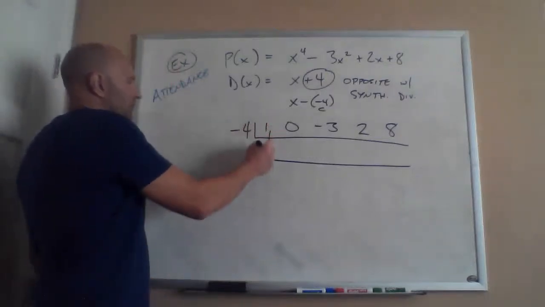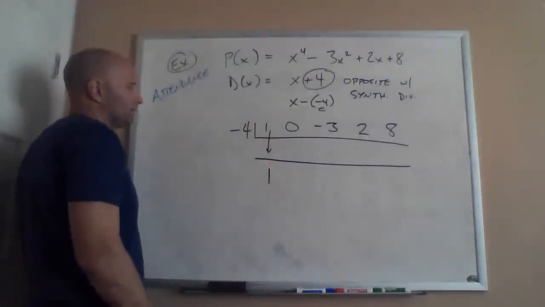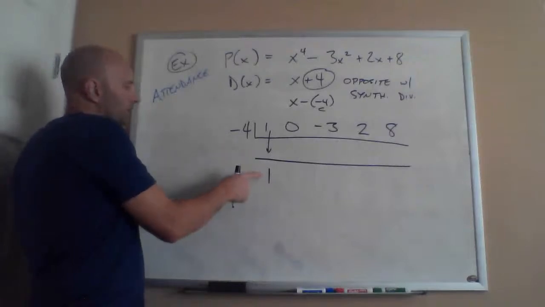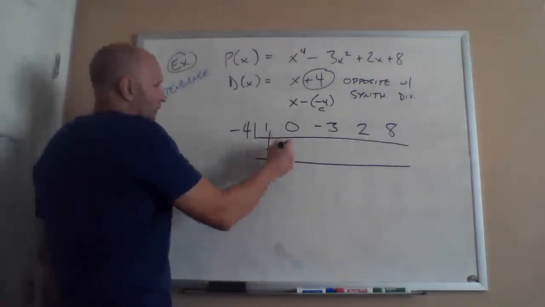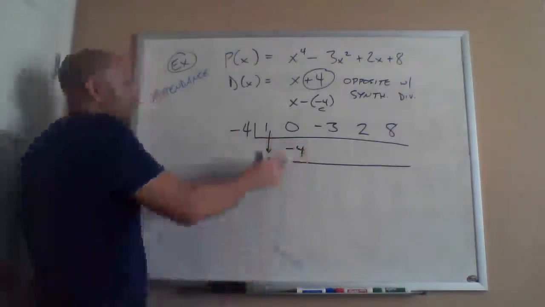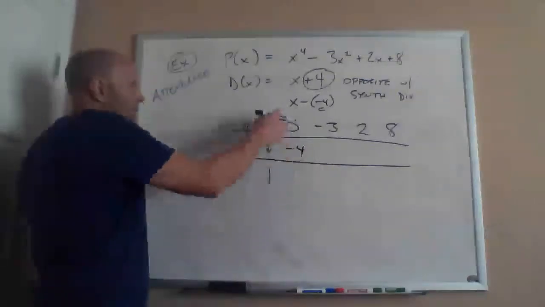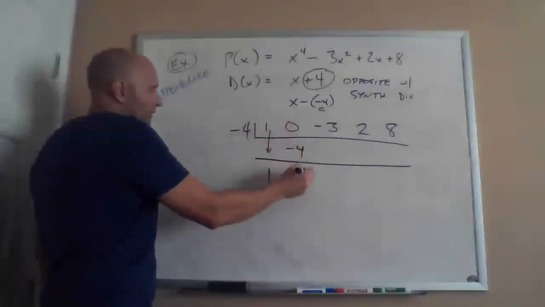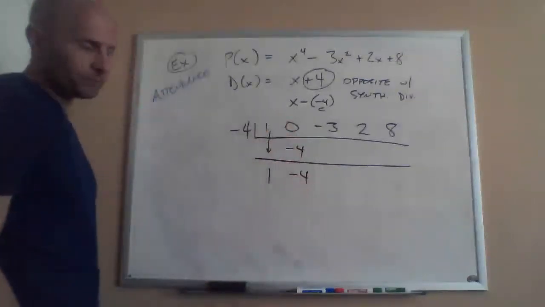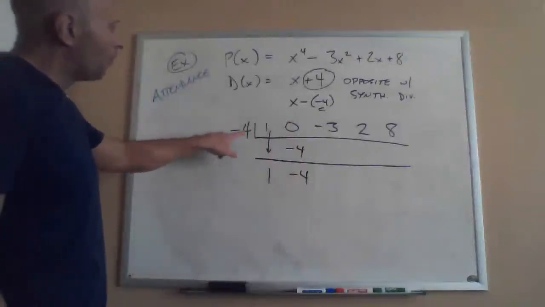So first thing we do, we bring this number down, 1. We multiply these two. -4 times 1 is -4. Add these down. So 0 minus 4 is -4.